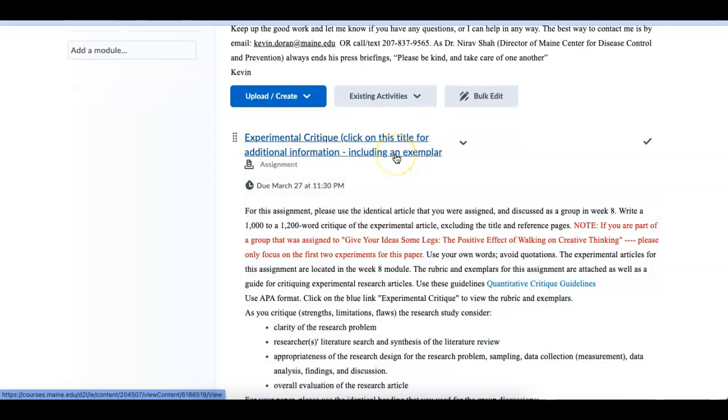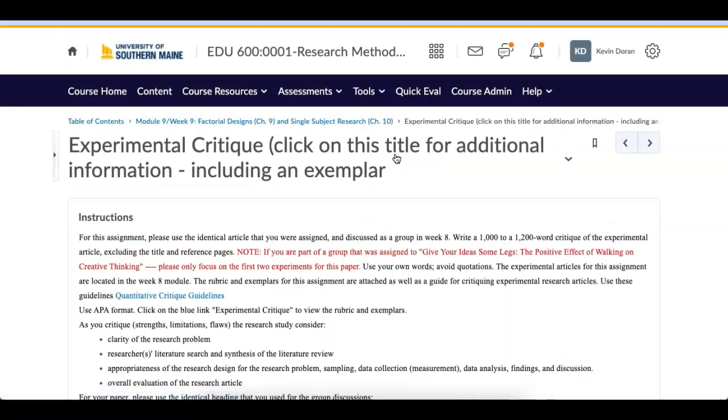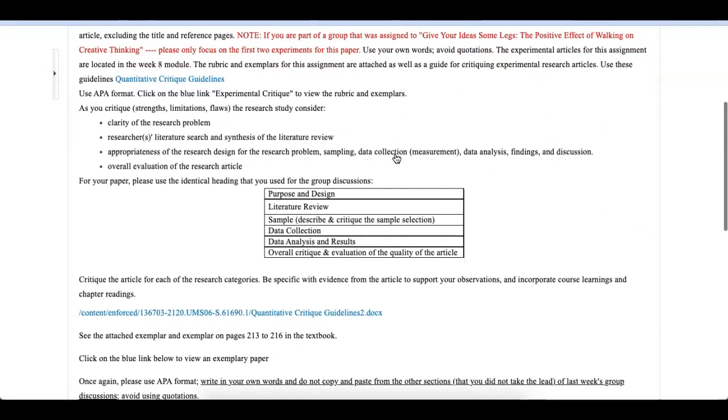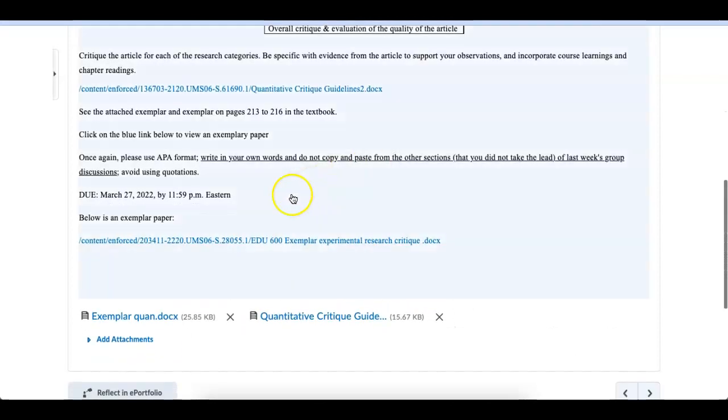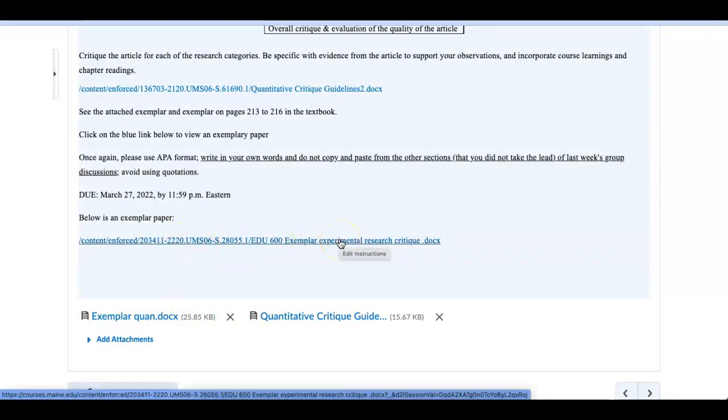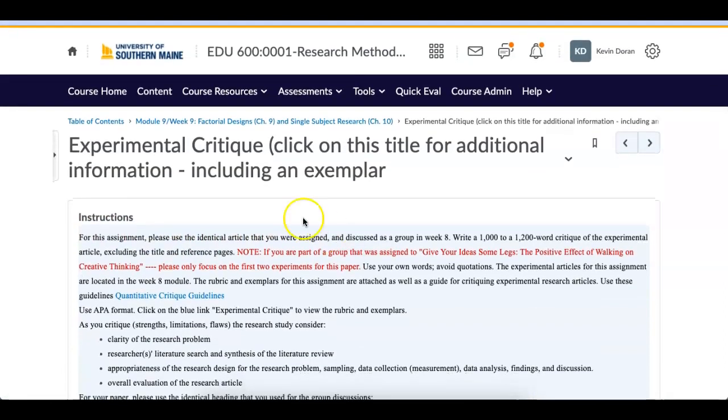And if you click on this, I'll do that right now. I'm clicking on the assignment. We have the materials in here, the critique guide and exemplar paper right here. So you click on that, you're going to get a really good example of what I'm looking for in this assignment.